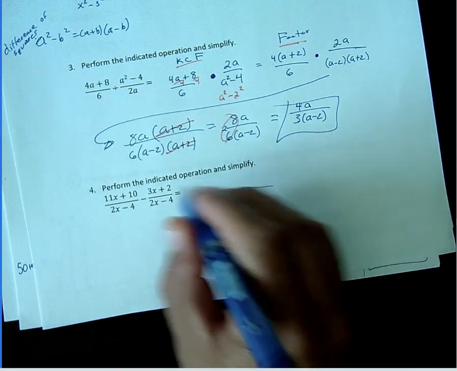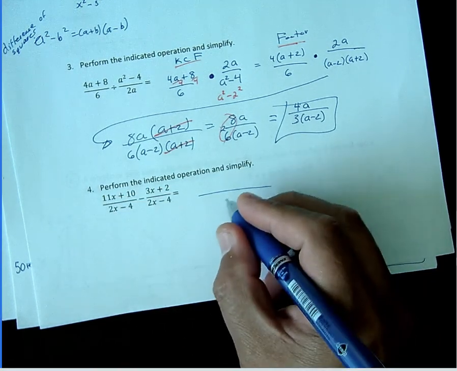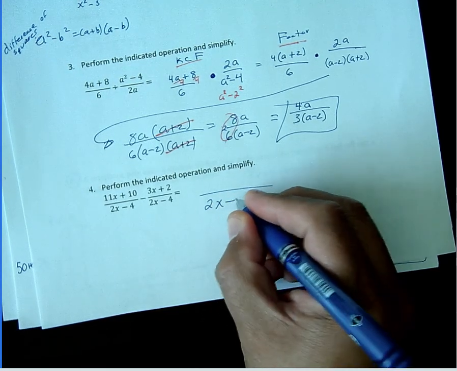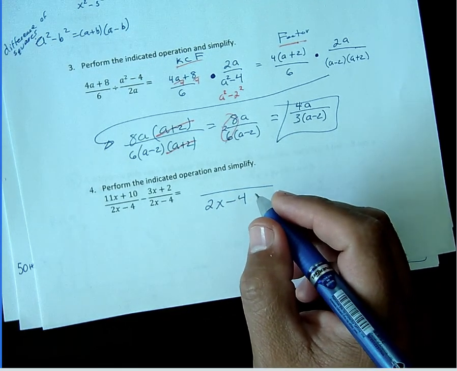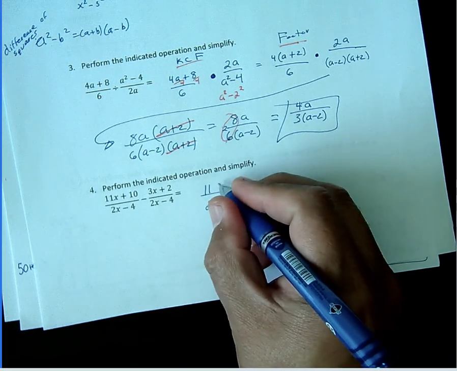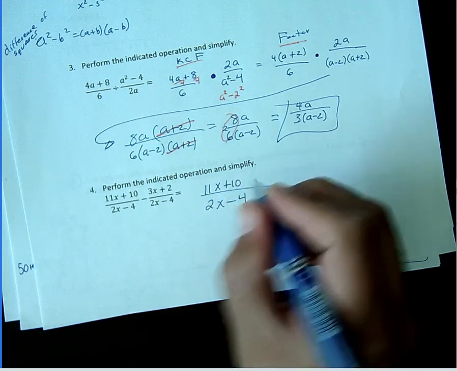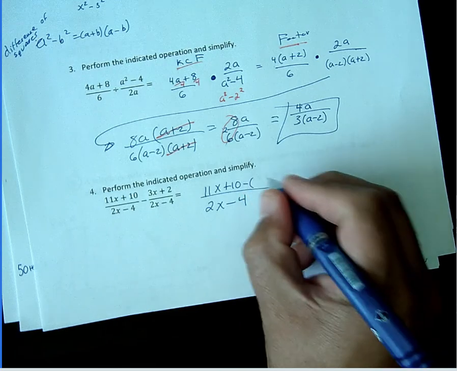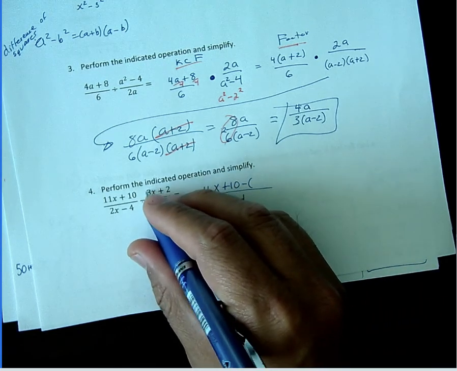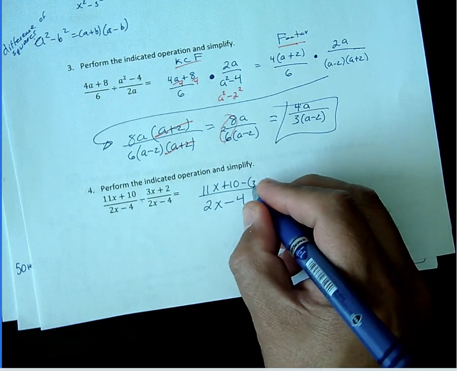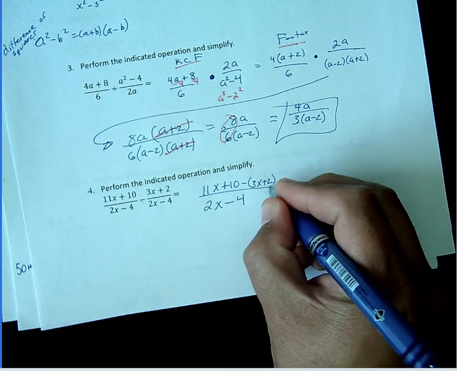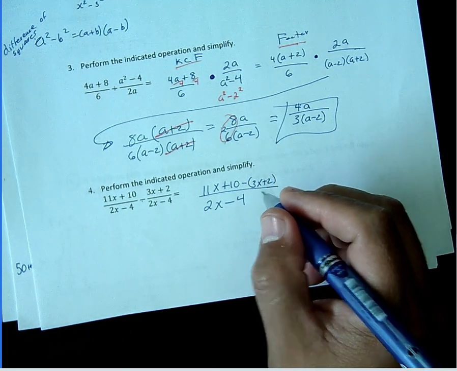So we can put the top together. We can write 2x minus 4 at the bottom. And we can put 11x plus 10 and then minus. Don't forget that's a minus, or you're going to put this in parentheses, 3x plus 2, like that.